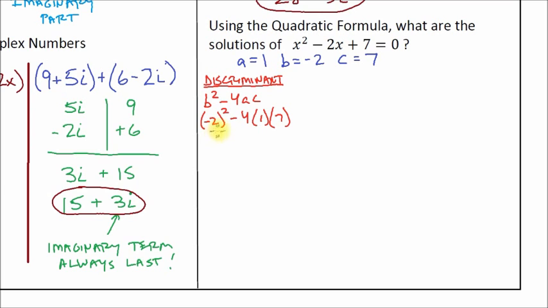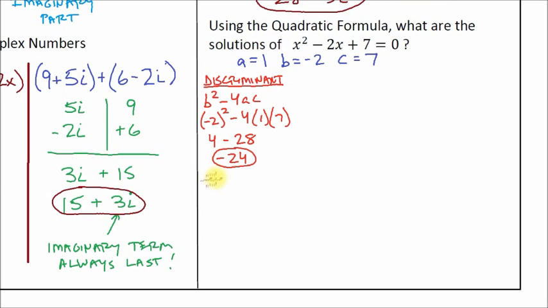Negative 2 squared is positive 4. Remember, you square a number, it's always positive. And then 4 times 1 times 7 is 28. This is 4 minus 28. You can do that in your calculator if you need to. And 4 minus 28 is negative 24. So our discriminant is negative 24.